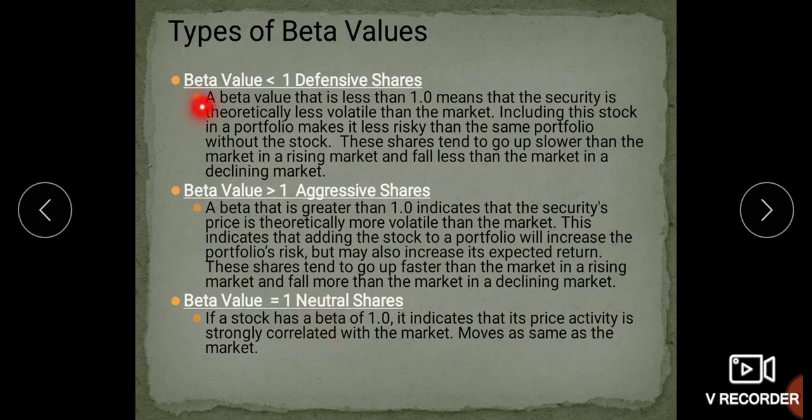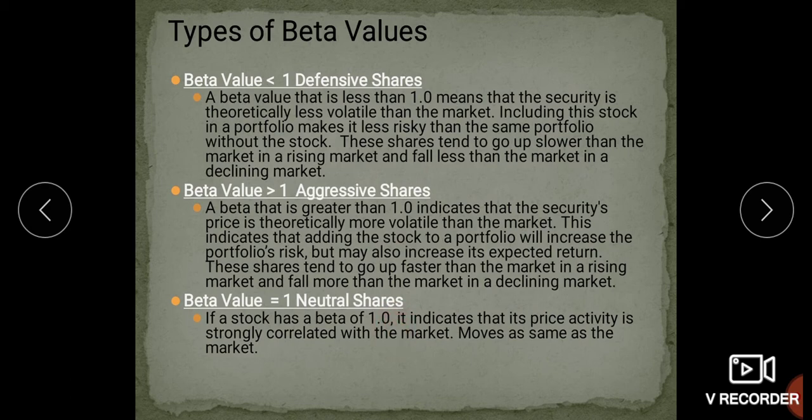If beta value is less than 1, that means lesser systematic risk, and those shares or stocks are known as defensive shares. If beta value is greater than 1, that means systematic risk is very high, and such shares are known as aggressive shares. If beta value is equal to 1, it is a neutral share, so the beta of the share is almost equal to the average systematic risk of the market.